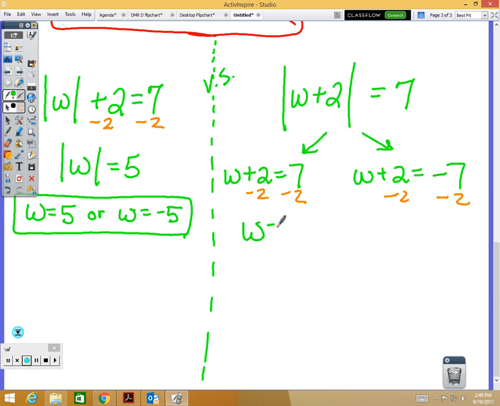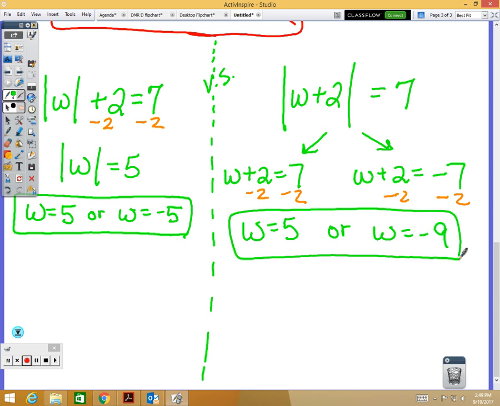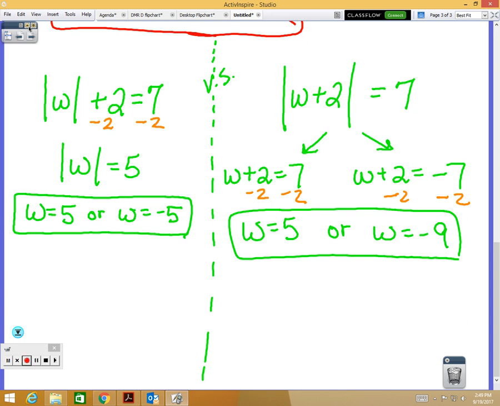So in this one, w would equal 5. In this one, w would equal negative 9. So that's the difference in those two types of problems. As long as you have examples in your notes, you should be fine, okay?